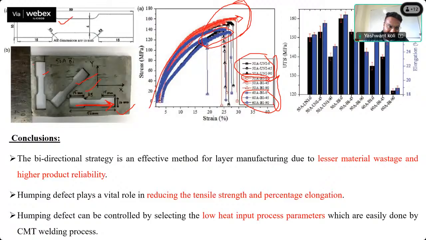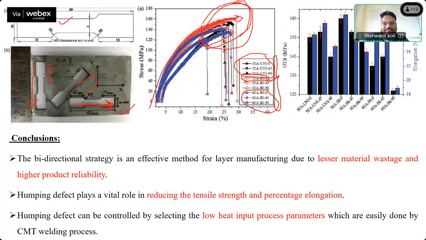The other should have minimum tensile strength because it is in the transverse direction, perpendicular to the layer deposited. So we can check that, but still it is not that much.